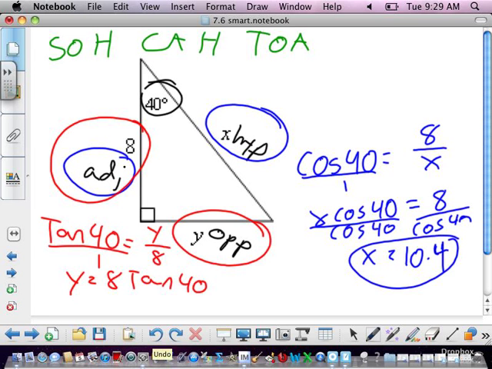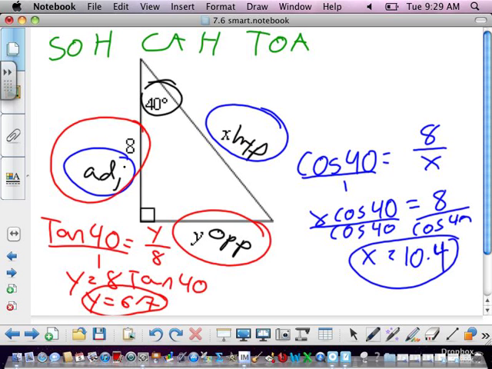Okay, so we put in our calculator, 8, tan, 40, and we get 6.7. Because it says at the top of our paper, using trigonometric ratios, find each variable and round to the nearest tenth. And I didn't read the instructions before.